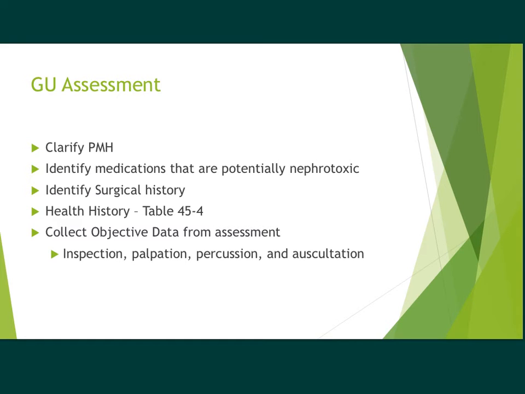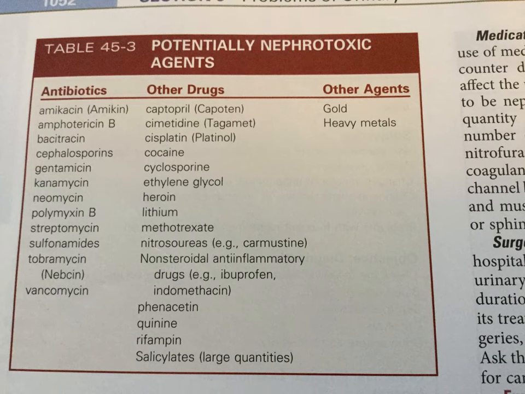And going back a couple of pages, there is a chart that you need to know. This chart tells us about drugs that are nephrotoxic. You need to know these drugs.